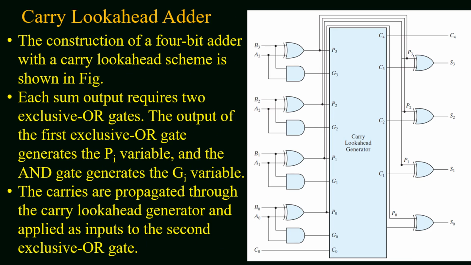Now the construction of a 4-bit adder with the carry look ahead scheme is shown in the figure. Each sum output requires two exclusive OR gates, where the output of the first exclusive OR gate generates the carry propagate variable PI and the AND gate generates the carry generate variable GI. The carries are propagated through the carry look ahead generator and are applied as input to the second exclusive OR gate.